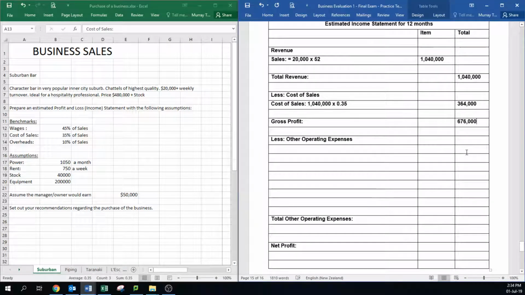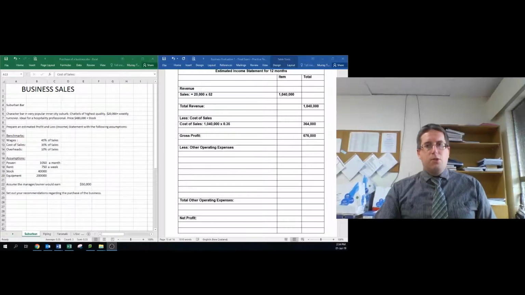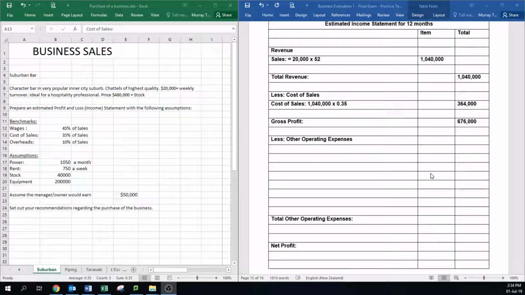Okay. Now we want to plug in the other expenses. So these are the other costs that are related to the business, not cost of sales. So here we go. So we've got wages. Now again, that is based on a percentage of sales, and that is 45%.